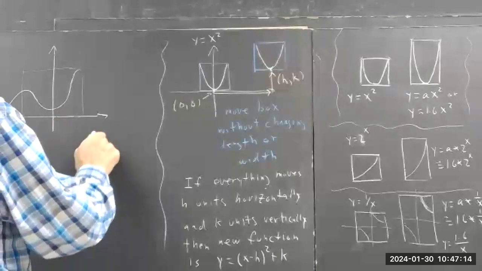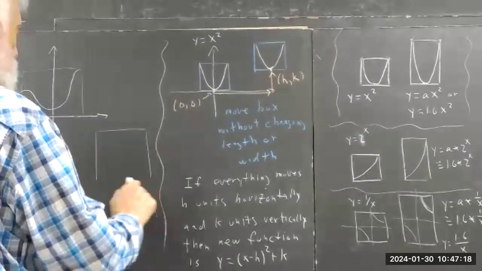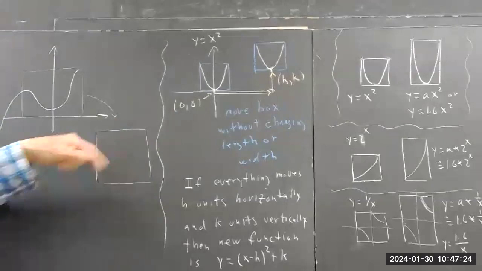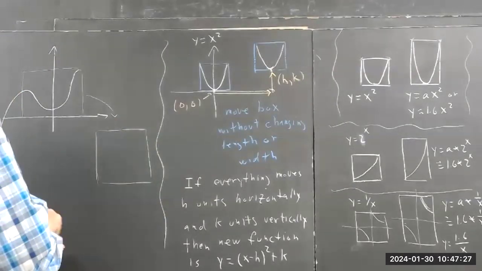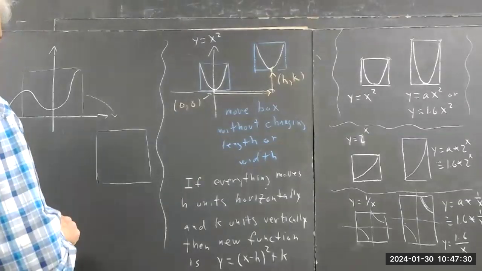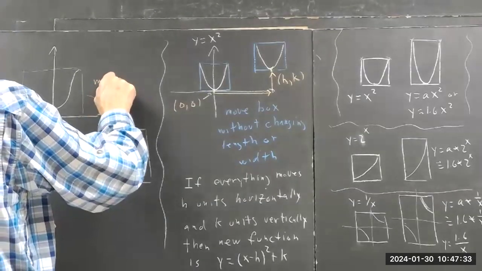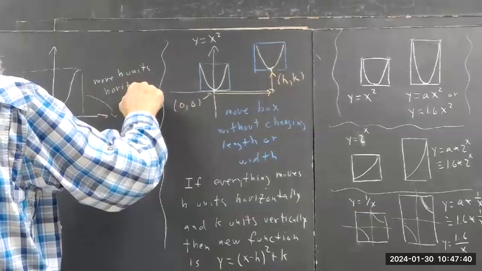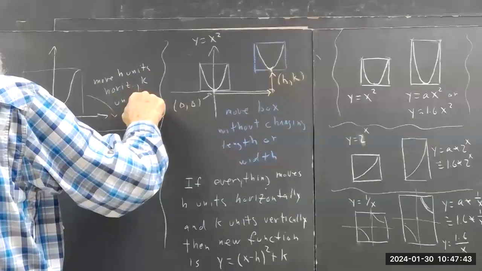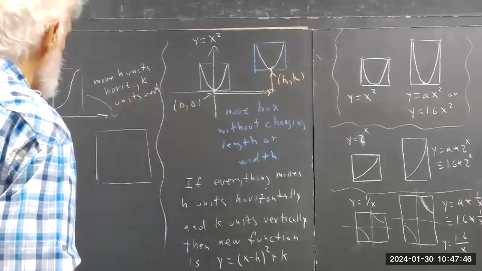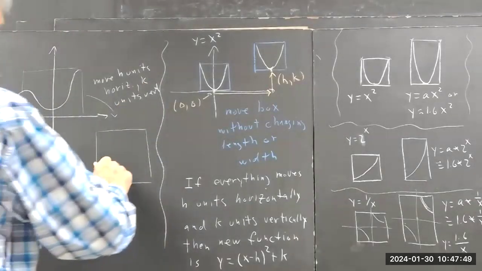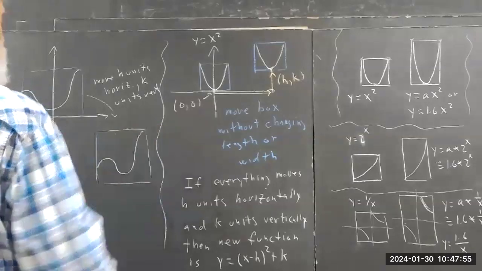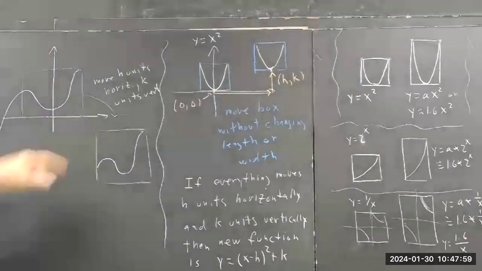Now, if we move that box down here over h units and up k units, of course, k would be negative, then we take a picture of whatever's in the box. And it should look exactly the same. I didn't make my box wide enough, but you get the idea.